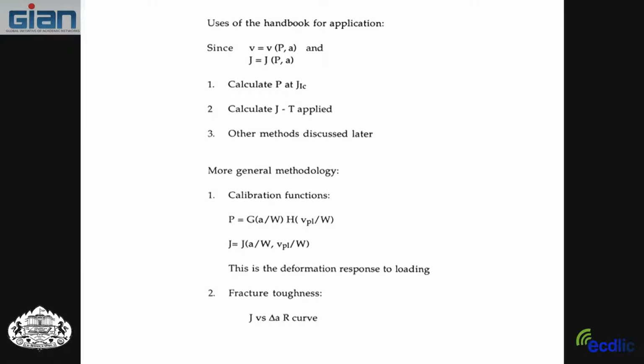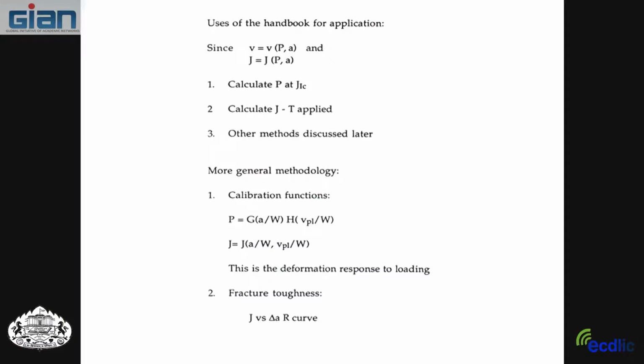There is a handbook for J. So like K, you can calculate the J. Now the number of cases involved are fairly limited. Things like single edge tension, center crack tension, and some pipe and pressure vessel geometries are in there, and they pick four parameters, which are load, crack length, displacement, and J. So you know load is P, crack length A. We've been using V for displacement.